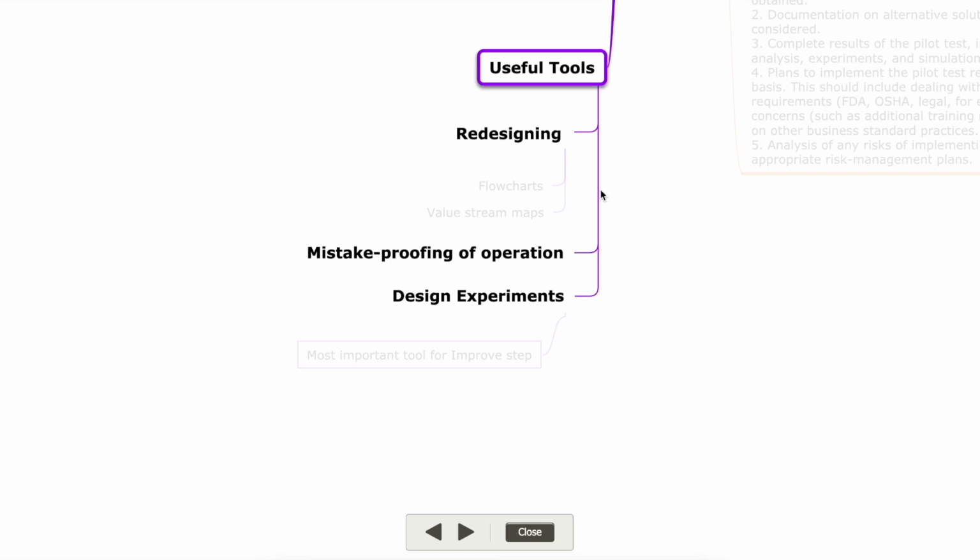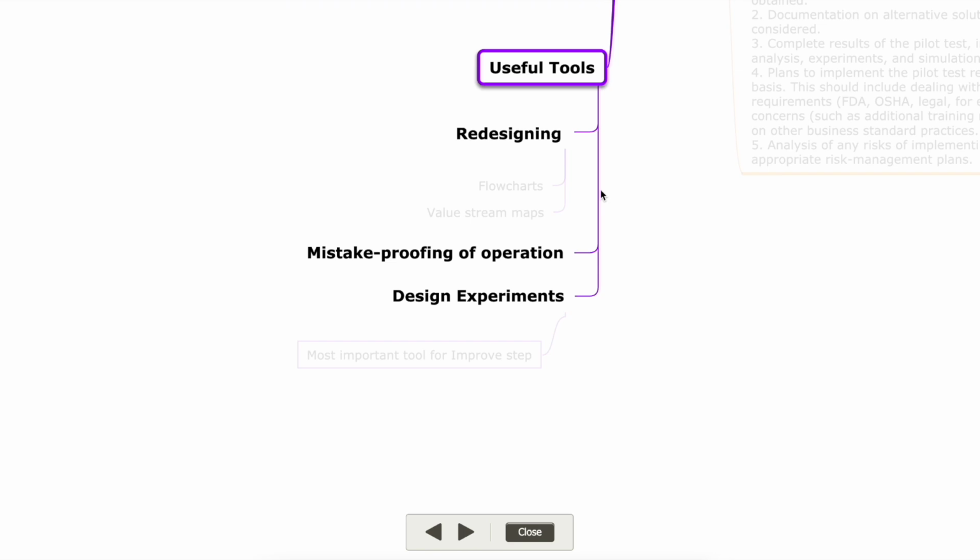If we try to modify the procedure, it will not work, or if an error is made during the procedure, it will not work. So this is the mistake proofing of the operation: no mistakes can complete the operation. If there is a mistake, the operation will not be completed. So the operation can be done only in one way, that is the right way.